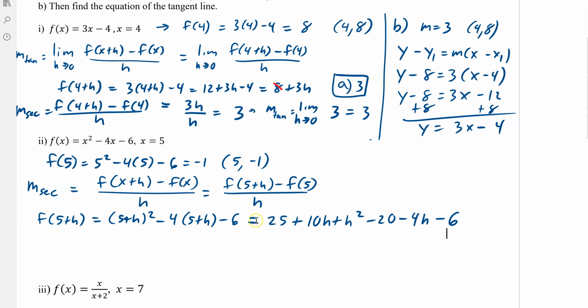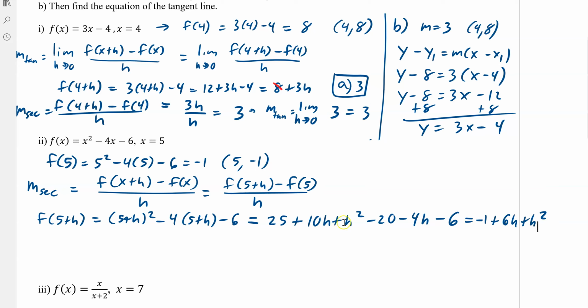Knowing these are right, we're supposed to be getting f of 5 is -1. That's going to be canceling with these constants. So everything should come out to be -1 if we did this correctly. So 25 minus 26 is -1. That's perfect. So we end up with, we'll put the -1 first because we're going to cancel it anyways, -1 plus 10h and 4h, which is 6h, plus h squared.